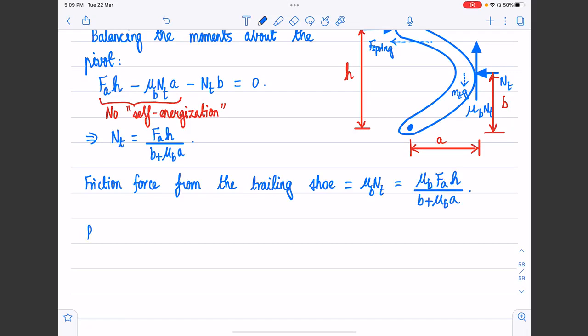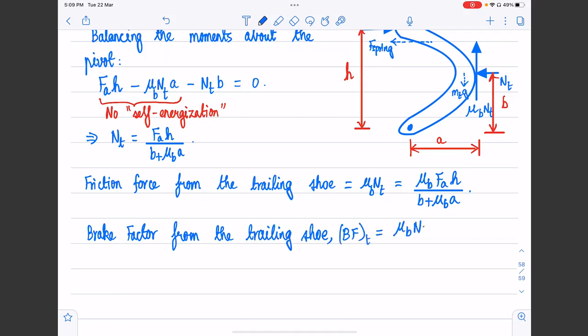So consequently, the brake factor, which is indicative of the ratio of the output from the shoe to the input to the shoe, the brake factor from the trailing shoe, let's call this BF subscript T, is going to be equal to mu B times NT divided by the input to the trailing shoe, which is equal to FA.